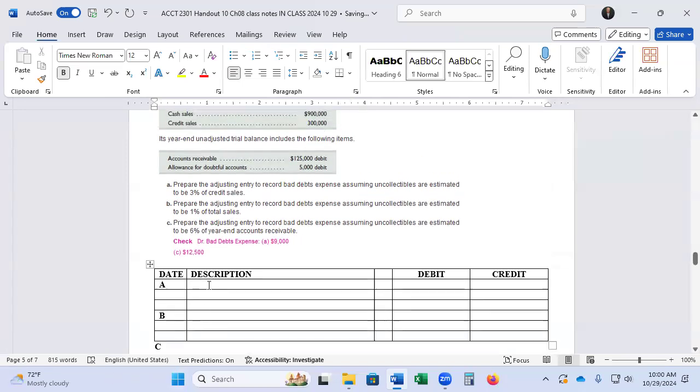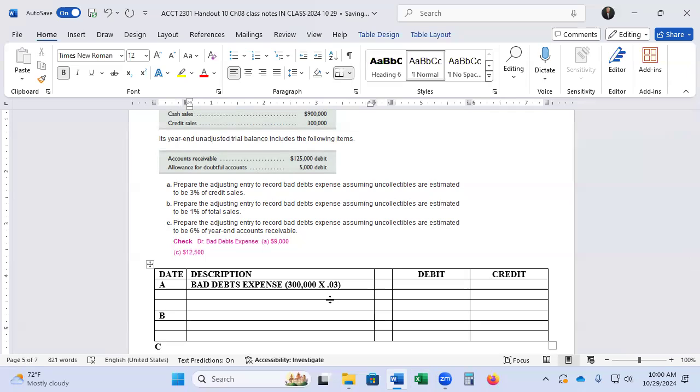So what we would do is record bad debts expense. We would take the credit sales, 300,000, and multiply it by 0.03. Now, how do they get the 0.03? Based on their past history, based on what they expect going forward. And you really should look through your accounts receivable and make sure there's nothing in there that's getting old that's going to really surprise you.